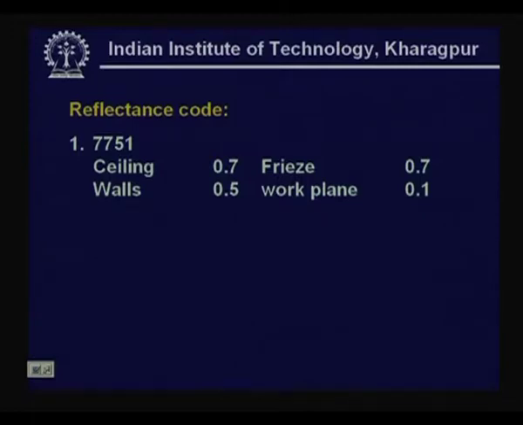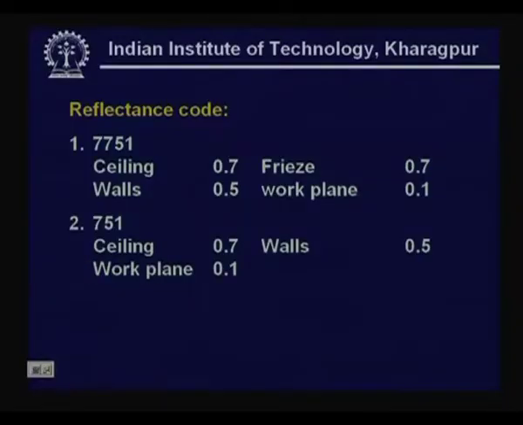We know oftentimes the ceilings are painted white, or as near white as possible. In fact, false ceiling is also taken to be that way. Walls have around 0.5 and work plane will have 0.1. You do not want any reflection from the work plane. You want the light to be available for the operator to effectively work.